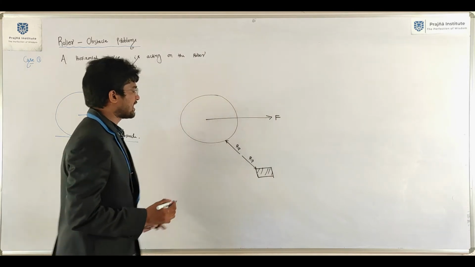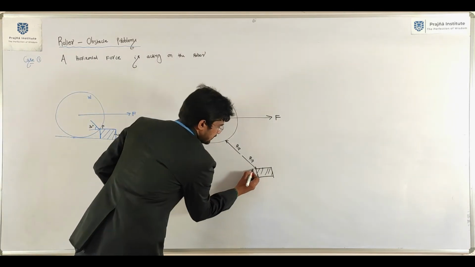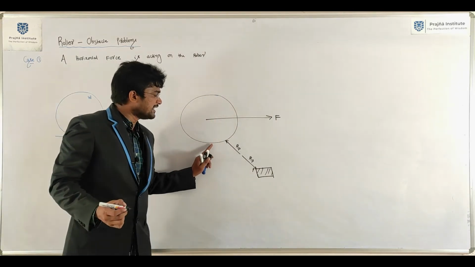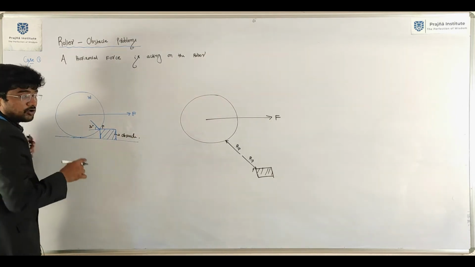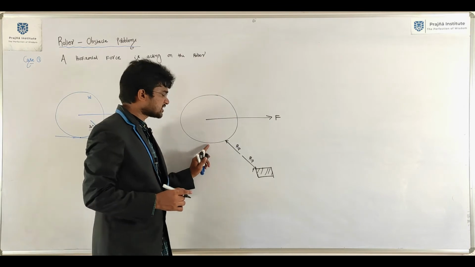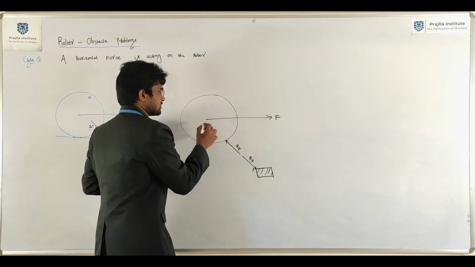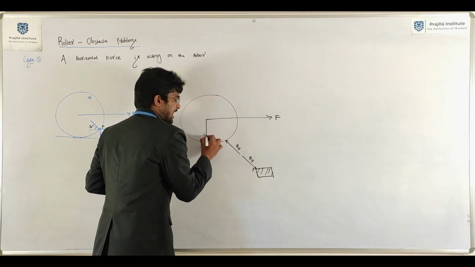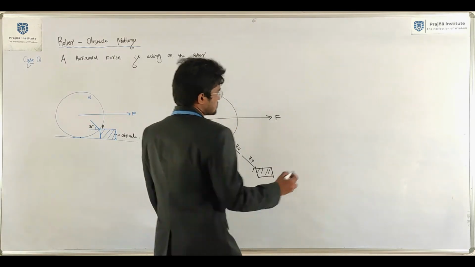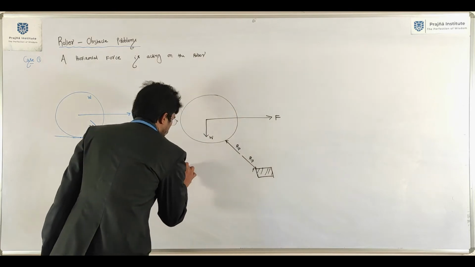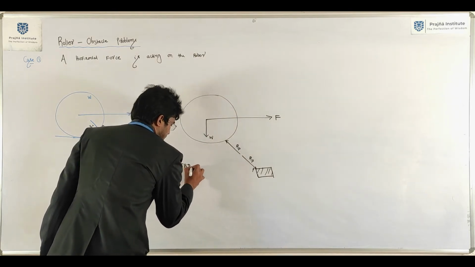Once it is in contact with this particular point P, the roller will be in air. There is no contact between the roller and ground floor. No reaction will come here. Next, weight always acts vertically downward direction. Now, this is the free body diagram for the roller.